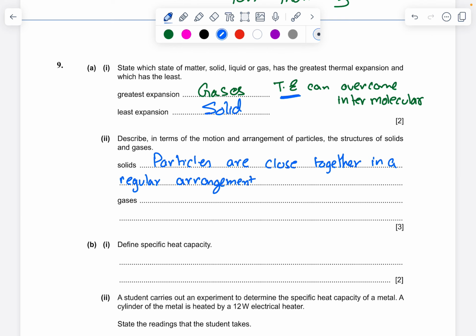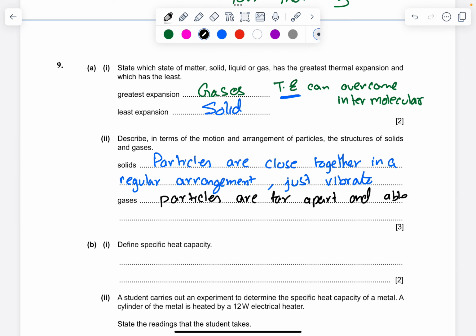Then they just vibrate. Whereas in gases, particles are far apart and able to move quickly and randomly.